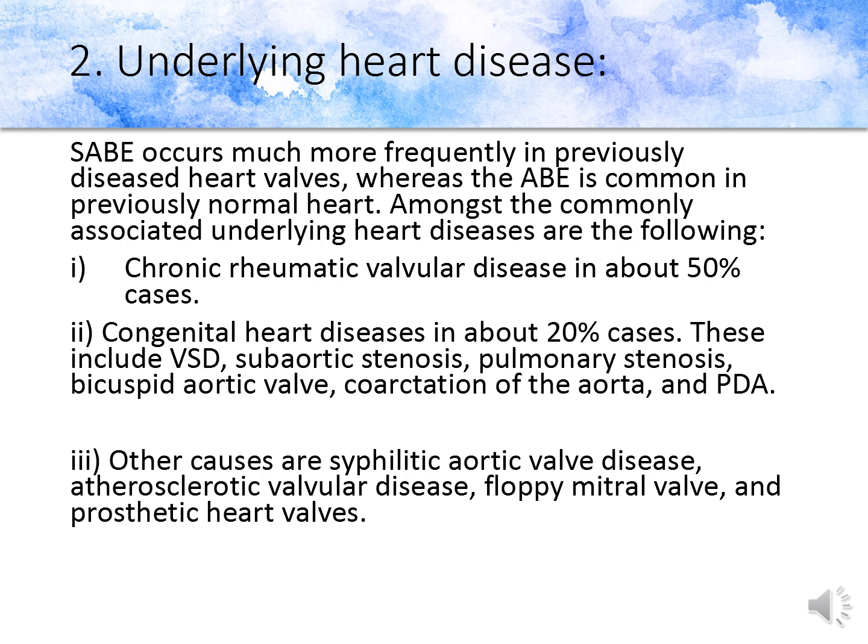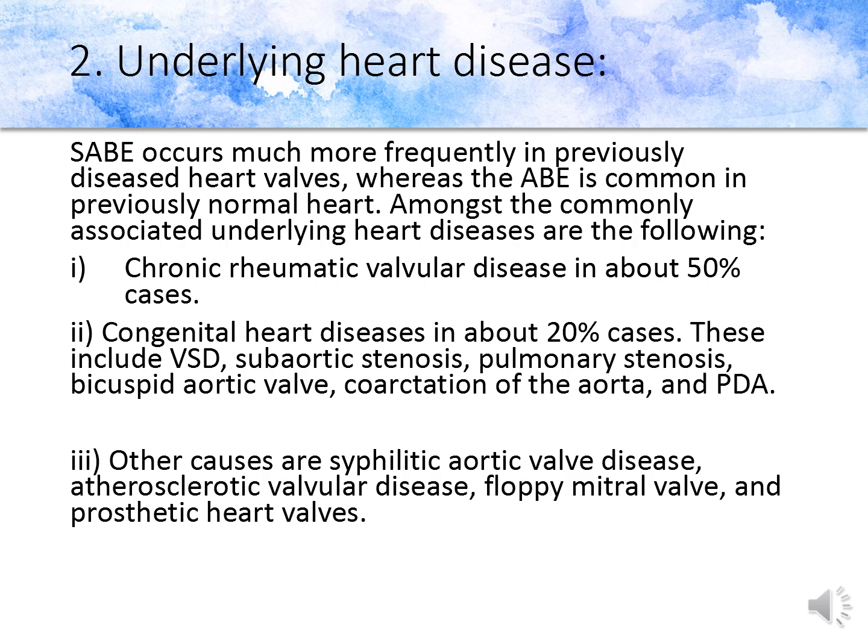Subacute bacterial endocarditis occurs much more frequently in previously diseased heart valves, whereas acute bacterial endocarditis is commonly seen in previously normal heart. Amongst the commonly associated underlying heart diseases are chronic rheumatic valvular disease.